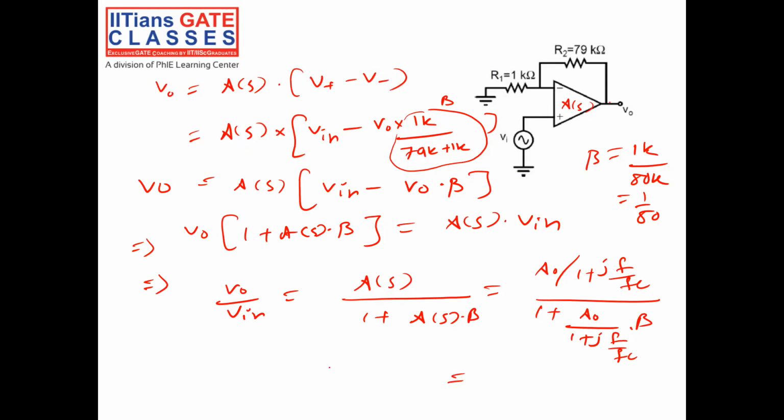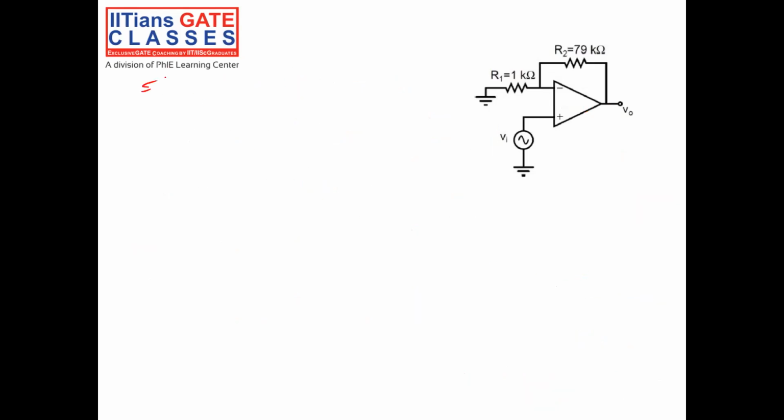I'll get V0 by V, which is nothing but Av, equal to A0 divided by 1 plus j into f divided by fc plus this 1 plus j into f by fc multiplied by A0 into beta.